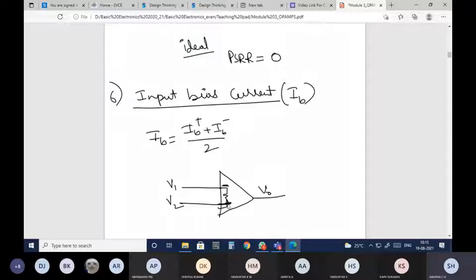It is nothing but Zi. So you know that ideally Zi should be equal to infinite. Infinite in the sense it will not allow the current to pass through it. So that's why these terminals will not draw any current. Let me name this IB minus, and this IB plus. So as Zi is equal to infinite, these terminals will not draw any current.